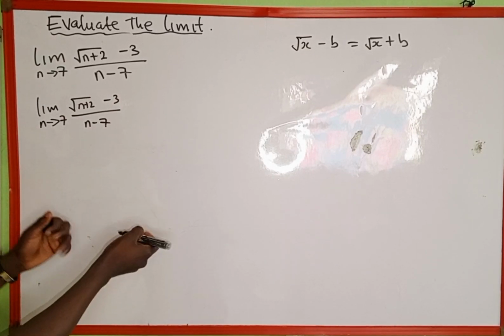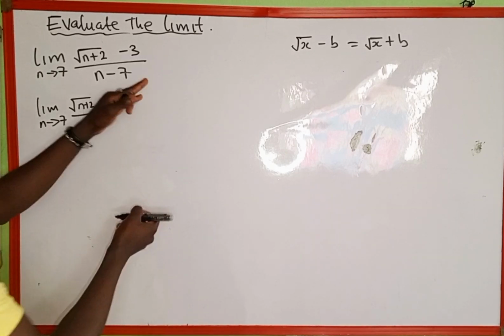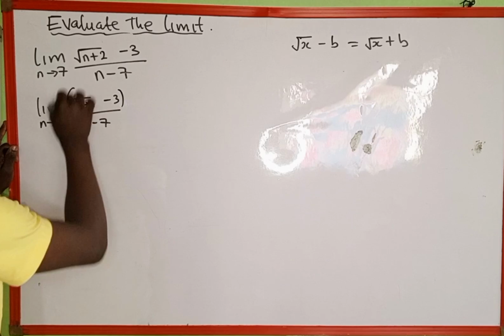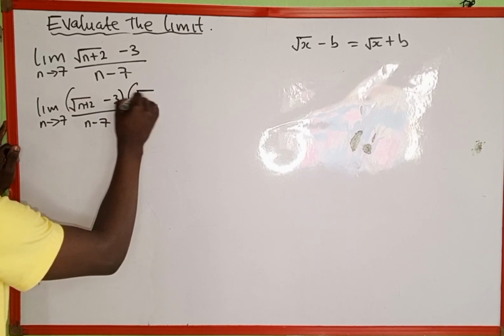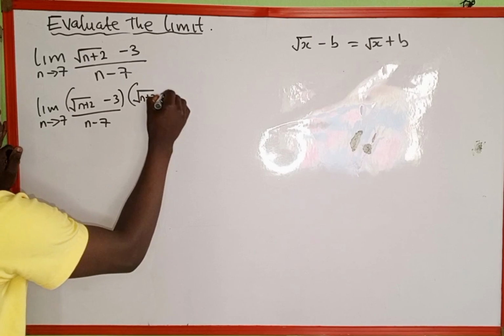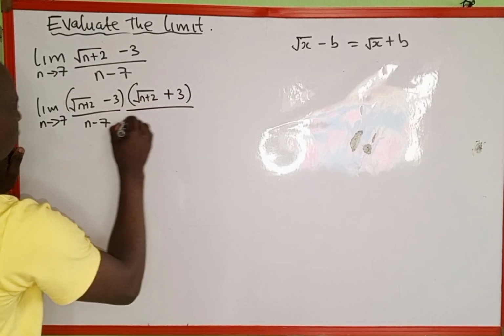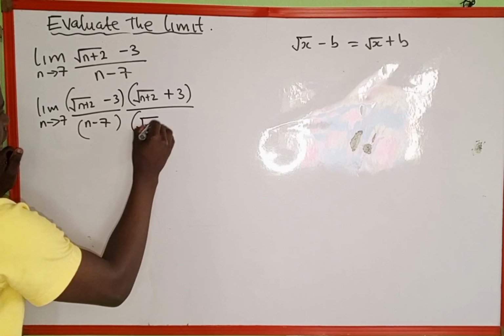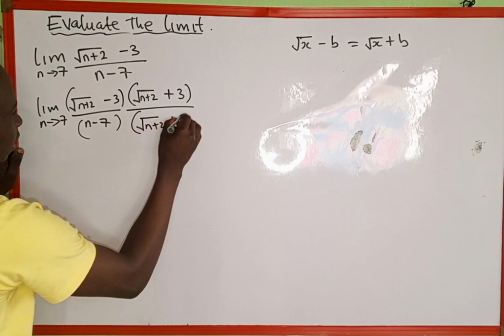Now we're going to use bracket multiplication to multiply it by the conjugate, both the numerator and the denominator. So the conjugate is going to be root of n plus 2, then this negative is going to change to positive 3, divided by, multiplied also by the conjugate, root of n plus 2, then plus 3.